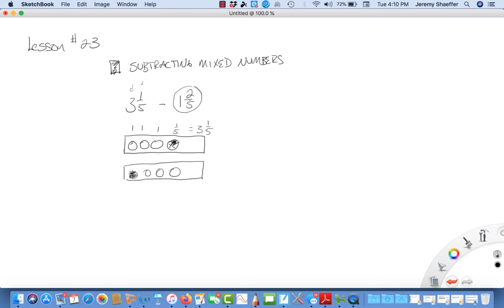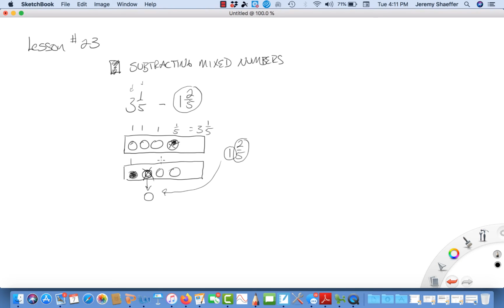This one remains, because with 3 and 1/5 we're going to end up keeping that whole pie. Now, one of the pies right here gets subtracted out, so it's no longer there because we subtracted 1 and 2/5 pies. This pie, whoop, is that one. It's no longer there. Now, the problem is we have to come up with 2/5 of a pie.